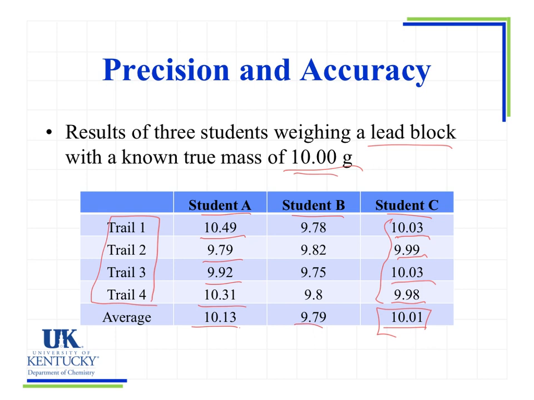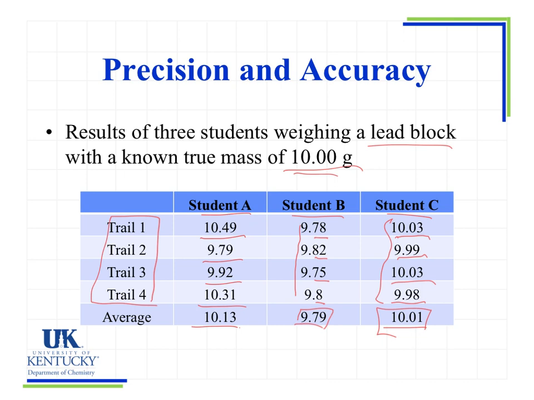If you look at student B, you see 9.78, 82, 75, and 8. Seems like all 4 values are very close together, so it's very precise. But is it accurate? Well, it's not that off, but still it's 9.79, so it's not that accurate, but it's very precise.